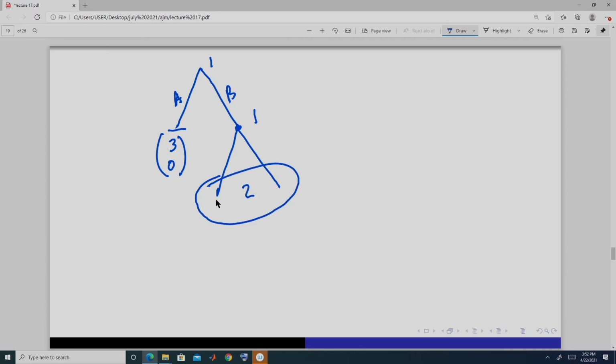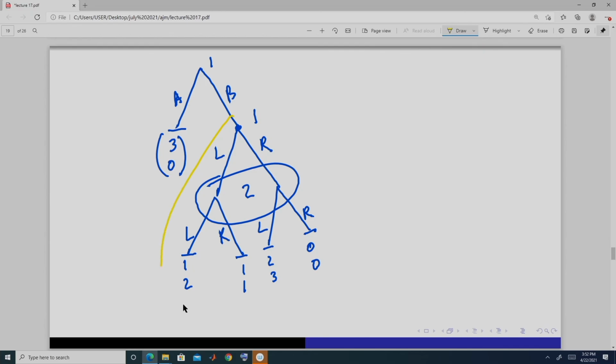So, it is again a 2-player game, and suppose it is player 1, it is A, it is B, again player 1, L R. So, in this game, player 2 is not going to observe the action of player 1 here, and also it is not going to observe this.